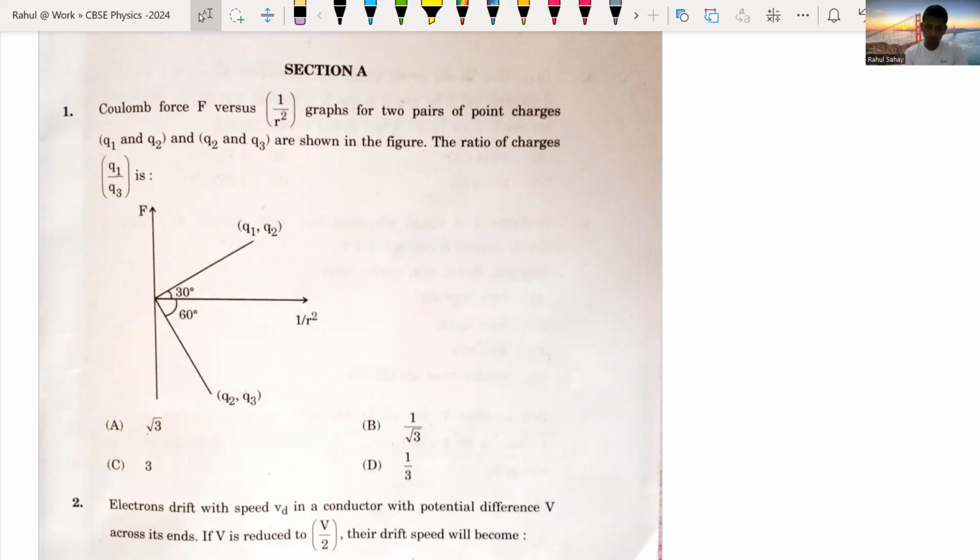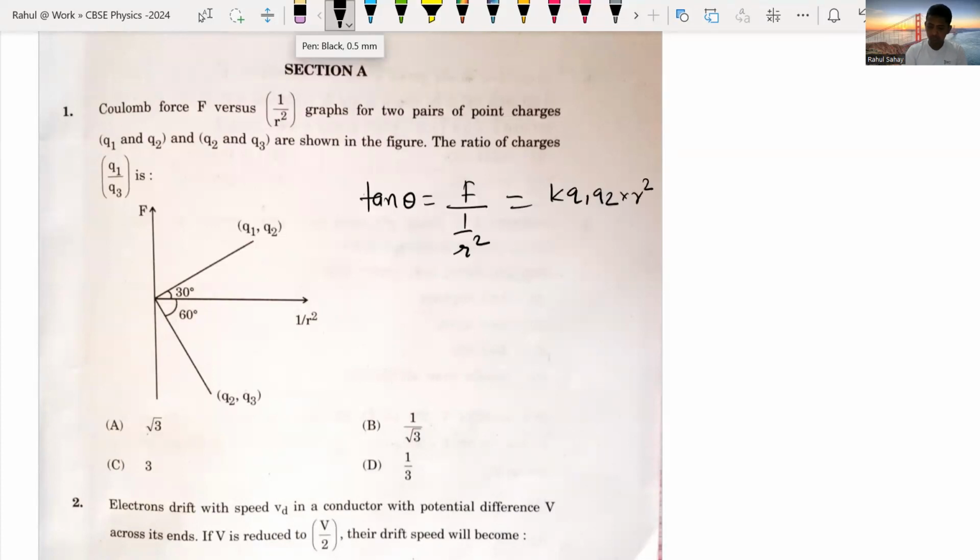The question number 1 is they have given the F versus 1 by R square graph, and they're asking to find Q1 by Q3. So first, tan theta is F by 1 by R square. Precisely, that is K Q1 Q2 by 1 by R square, correct? So tan theta is K Q1 Q2 R square.